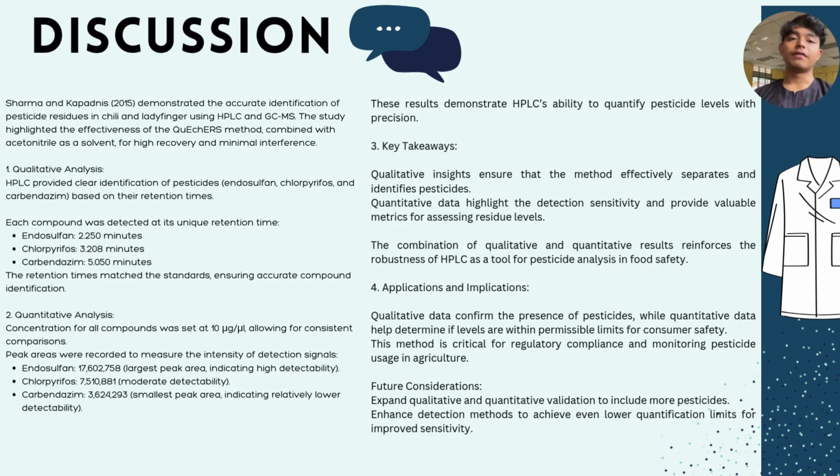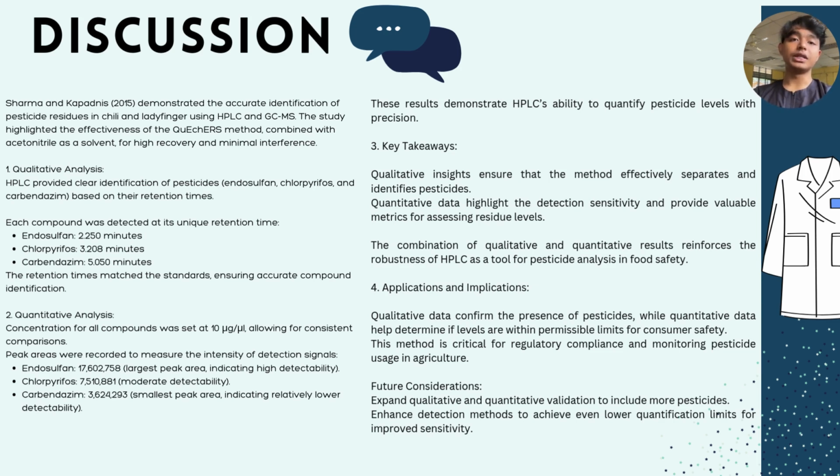Okay, next is a summary for the quantitative analysis. The concentration of all the pesticide standards was set at 10 microgram. The peak areas, which indicate the intensity of detection, were recorded. Endosulfan had the largest peak area, 70,602,758, showing high detectability, followed by the chlorpyrifos that had a moderate peak area at 7,510,881.